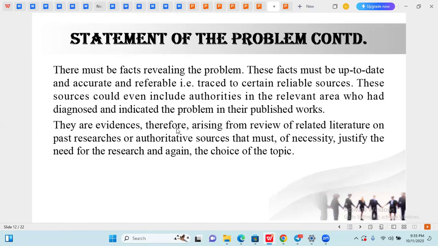So of the problem continue. There must be facts revealing the problem. You know, I just said it. This fact must be up to date, accurate and referable. Show it to certain reliable sources, that's references. These sources could include authorities in relevant areas who have diagnosed and indicated the problem in their proposal.